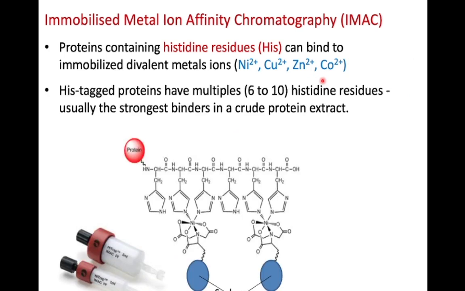The His tag proteins have multiples, anything between 6, which is common, to 10 histidine residues, which are usually the stronger binders in a crude protein extract. And we can get these manufactured columns from pharmacy, which are useful for purification.